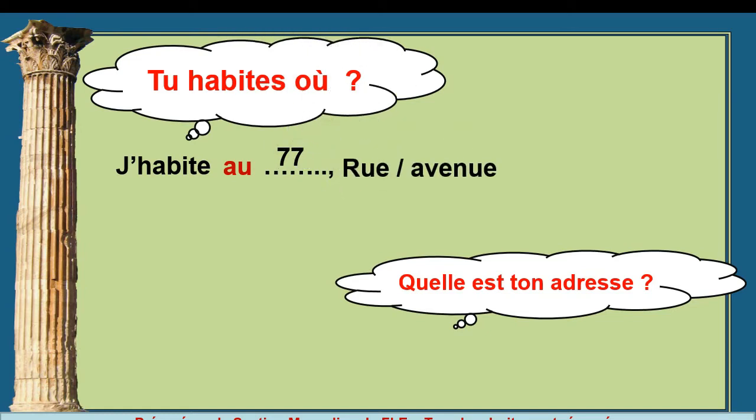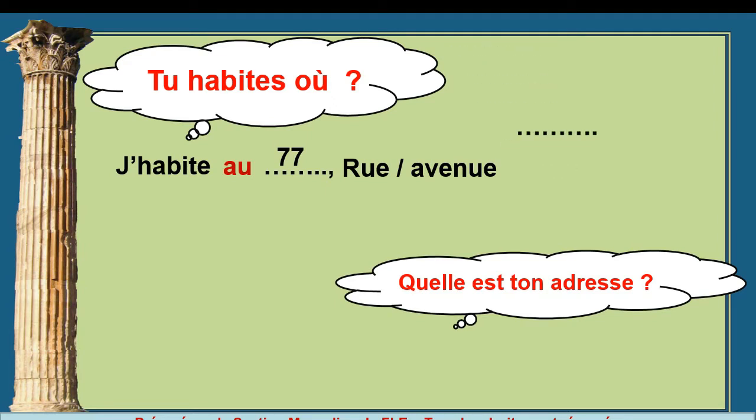J'habite au 77 rue, I told you, street or avenue if it is a big street, like I showed you before. But anyway, I think most of us say rue. So I say j'habite au 77 rue or avenue.